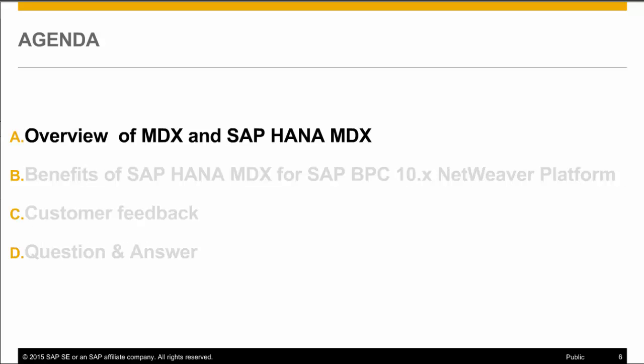Great, so starting with the first chapter, this is an overview first, because the term multidimensional expression is a very wide subject. So we are going to try as much as possible to talk about MDX and also focus on SAP HANA MDX.